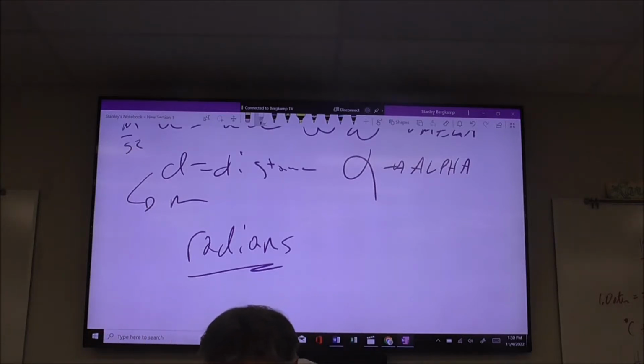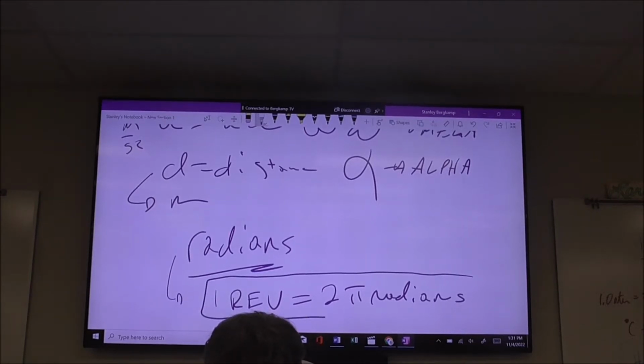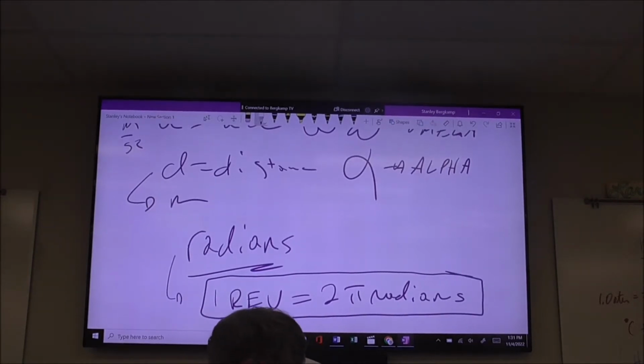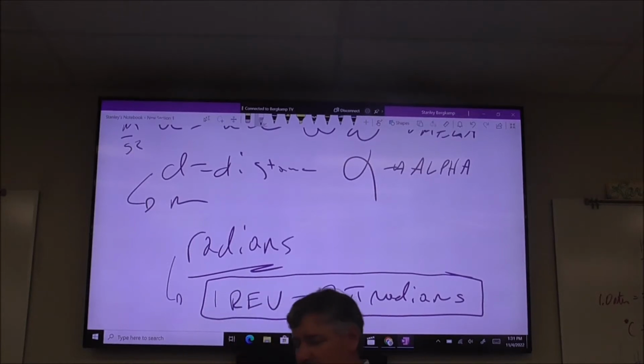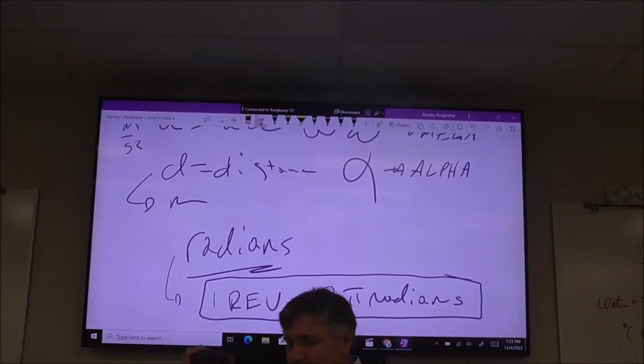So for those of you that are math nerds, if the tire completes 1 revolution, does anybody remember how many radians that is? 2 pi. 2 pi. So that's the most important conversion that you need to remember out of this unit. That 1 revolution is 2 pi radians. Now, there's some things that are important about this.